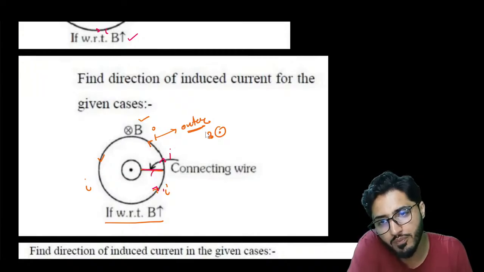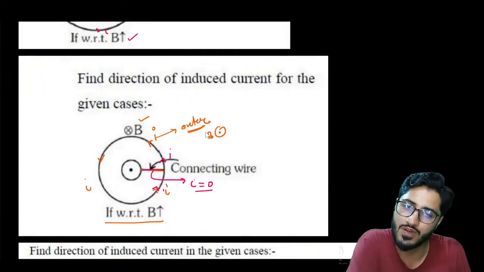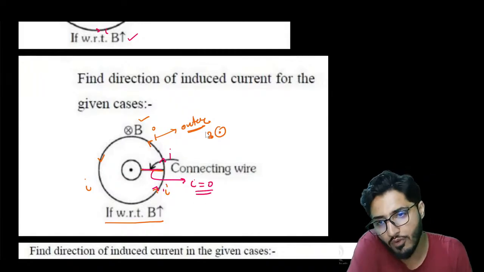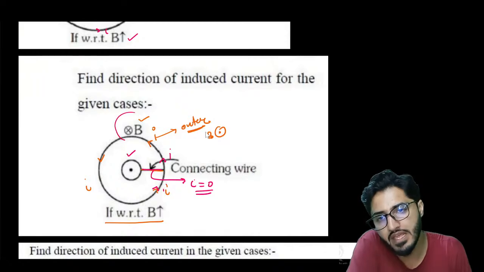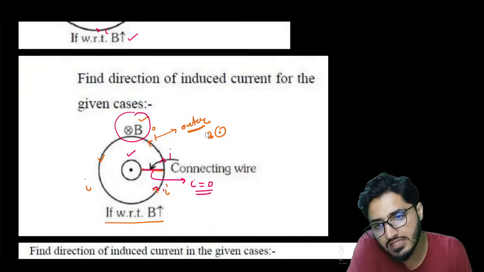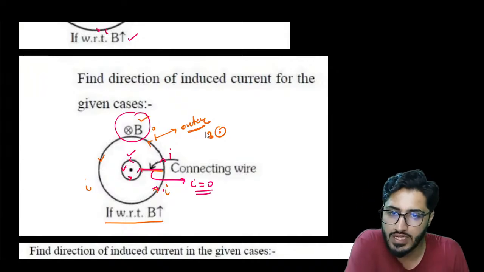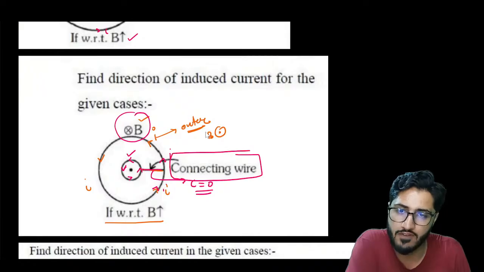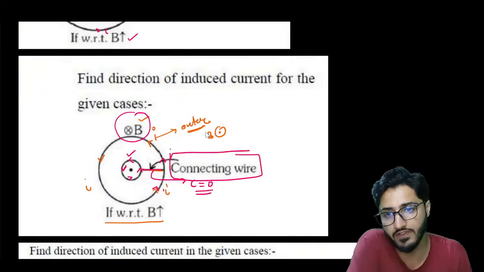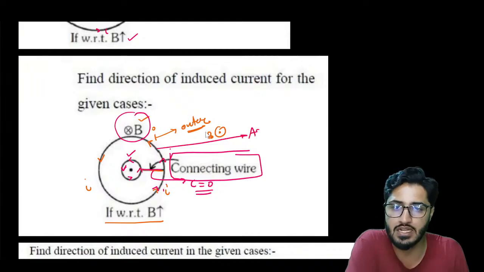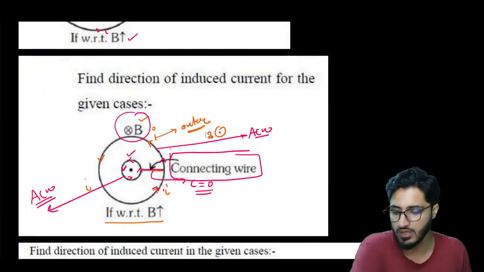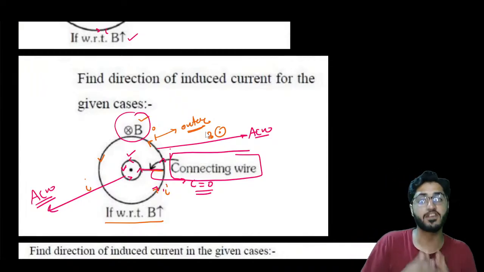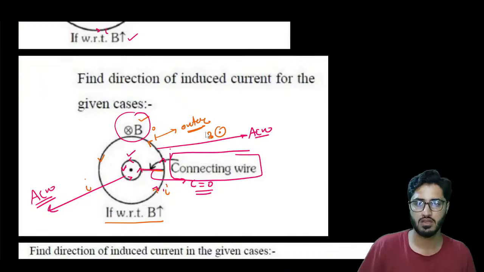So in this loop, the current is 0. Then what about this one? Similarly, if B is inwards, in this one also current will flow in this particular manner. So in this connecting wire, no current will flow. So my answer for this one is anti-clockwise. For the inner one, it is also anti-clockwise. Look, in every numerical I am giving you a different concept of thinking, right?